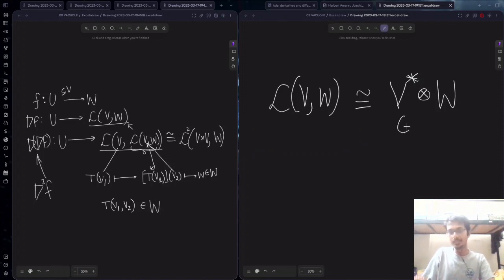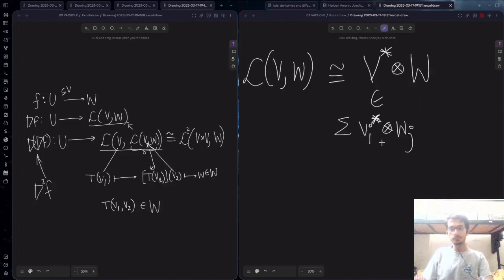A typical element here would look something like Vi star tensor product Wj, where the Vi stars are the basis of V star and all the Wj are the basis of W. And which linear transformation would this represent?